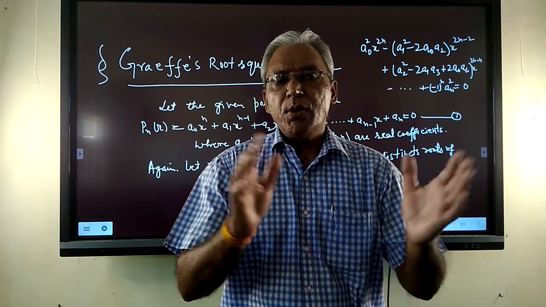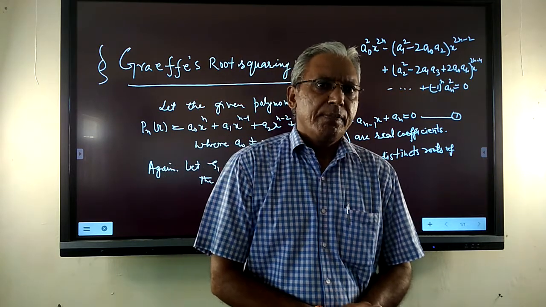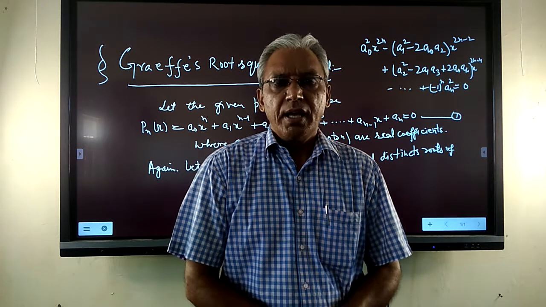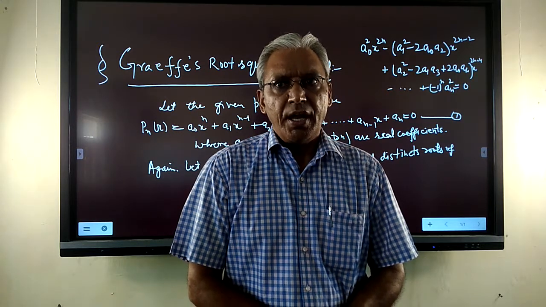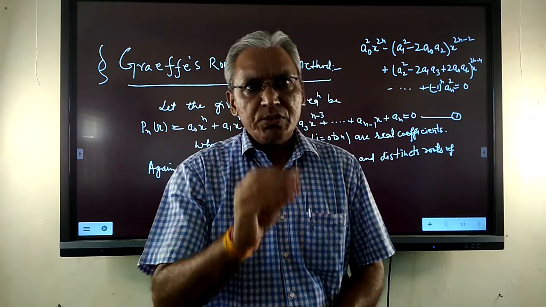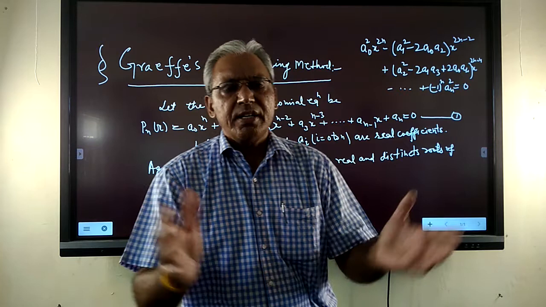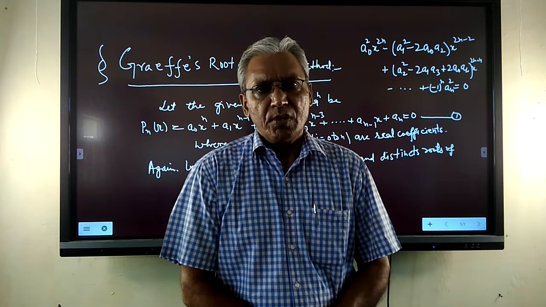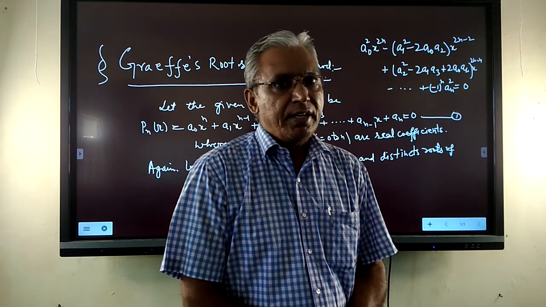The transforming process is repeated m times so that we get a new polynomial of the same degree and whose roots are 2 to the power m of the roots of the given polynomial equation, and the roots are widely separated for a large value of m provided the roots of the given polynomial equation are real and distinct.